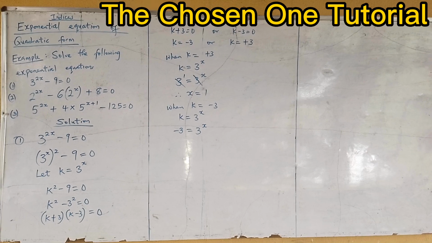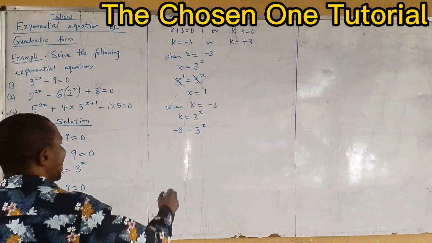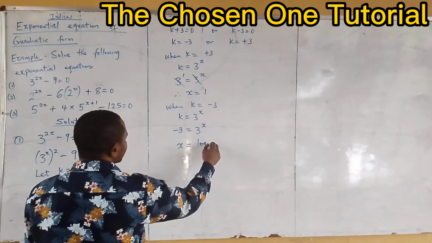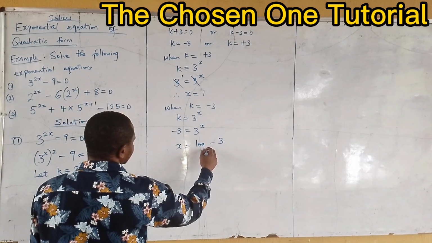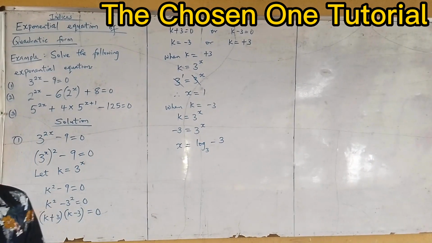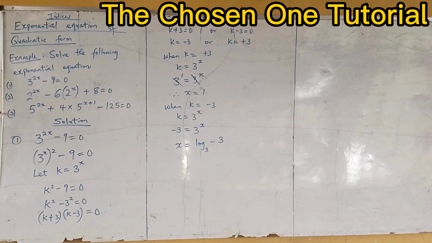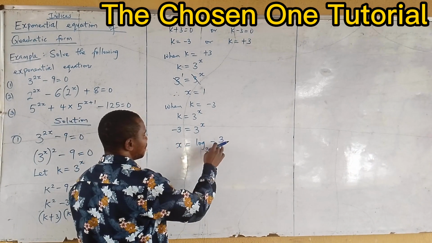So our answer is going to be s is equal to log 3 of minus 3. That's what our answer will be according to the law of logarithm. So you are going to have log base 3 of minus 3.